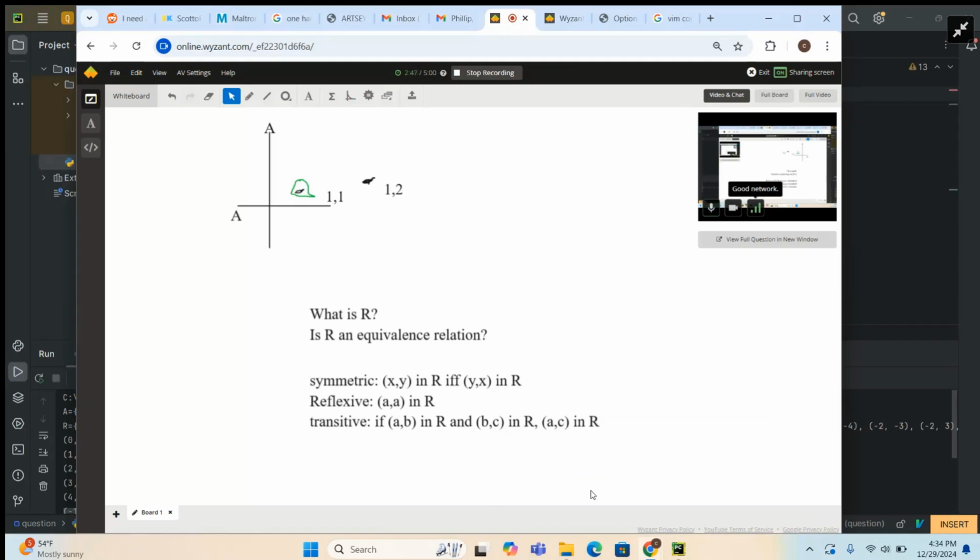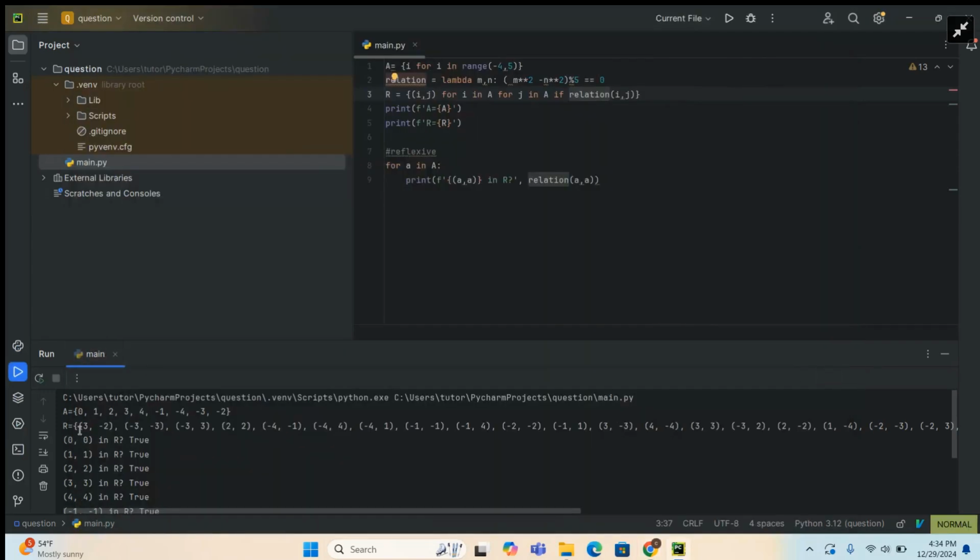So really what that means, we've got R here, a set. We see the pair (3, -2). If R is an equivalence relation, then we must be able to find the pair (-2, 3). And we actually do see it here near the end.